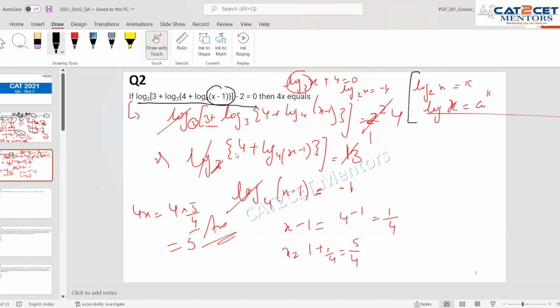In this question, we made sure that we take the RHS inside the power of the log's base and keep solving the equation. So for that purpose, we first sent the minus 2 to this side, then raised it to the power of the log's base. So this was the base, we did base to the power value. And we followed the same approach throughout the question, and in the end we got x equals 5 by 4, and the demand of the question was to find the value of 4x, so we multiplied 5 by 4 with 4 and got the answer as 5.